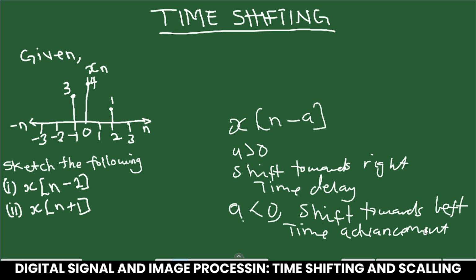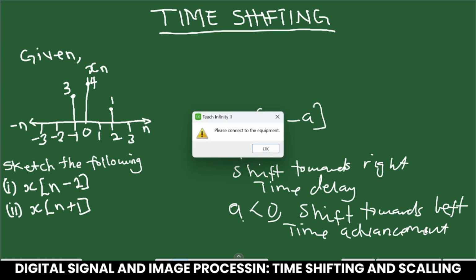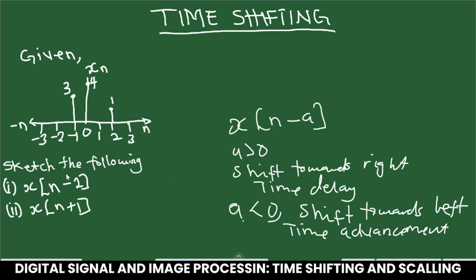Time advancement will occur when maybe you were expecting something at 2 p.m. and then it happens around 1 p.m. You see that it has reduced your waiting time, but we term it as a time advancement. The sample appears earlier than you expected it. And that occurs when a is a negative integer.